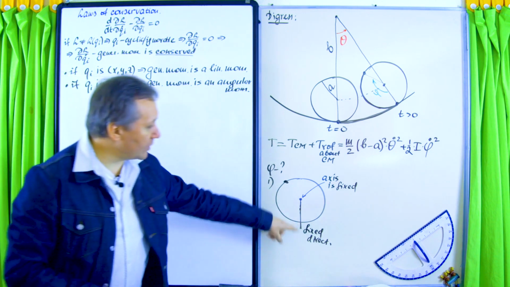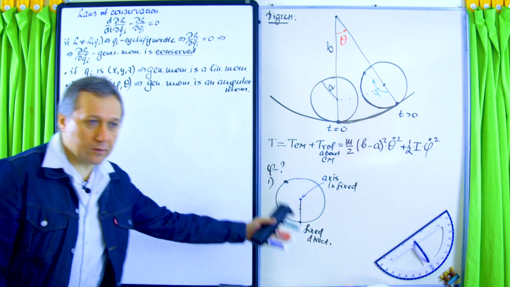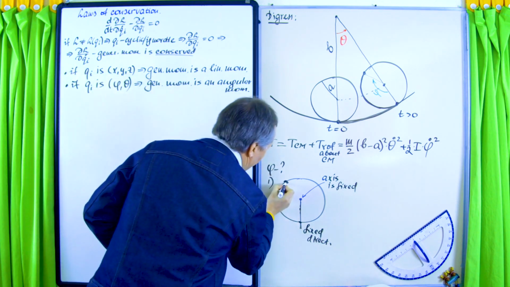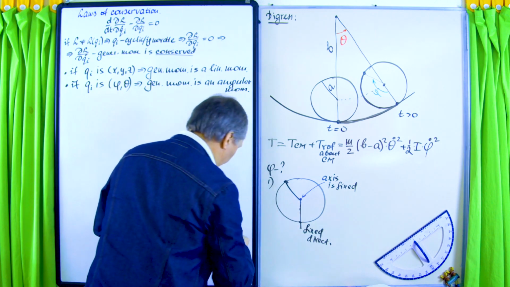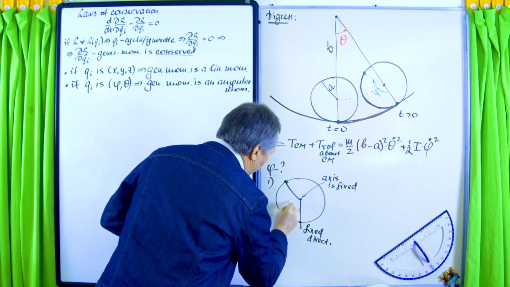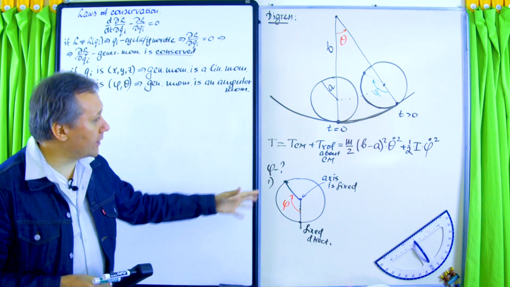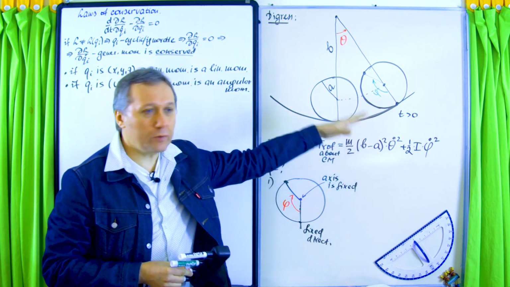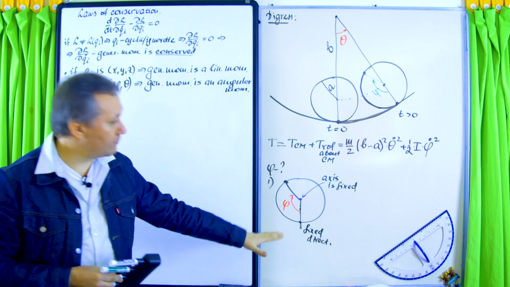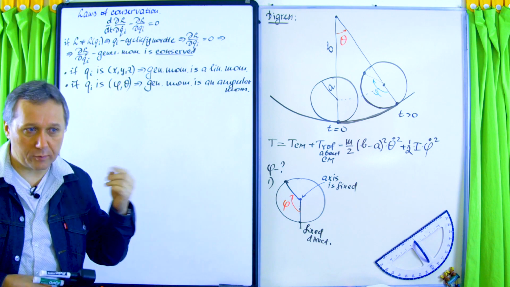At the initial moment of time, that point was probably here, and then at the moment of time t it rotated to this point. Then we can introduce the angle phi, and we can write the kinetic energy in this form: 1/2 I phi dot squared. It worked, no troubles here. We have pure rotational motion about the center of mass, and nothing else is involved.